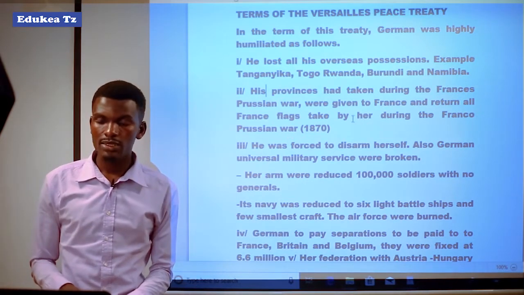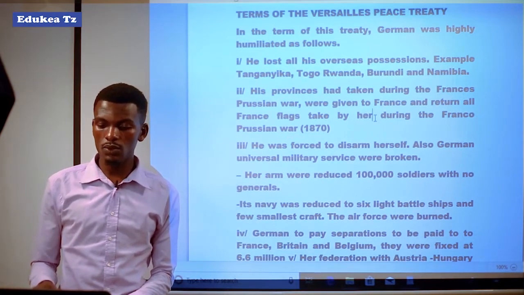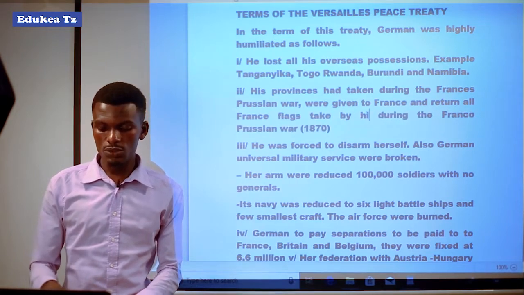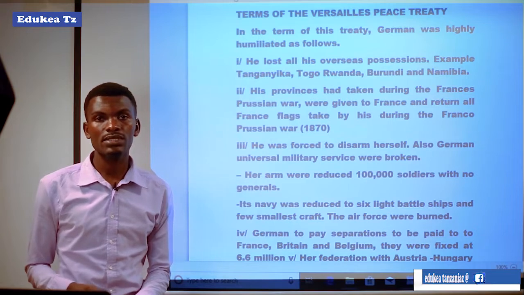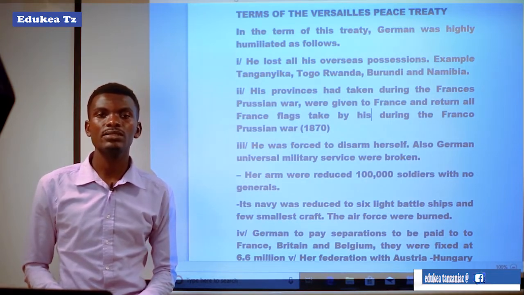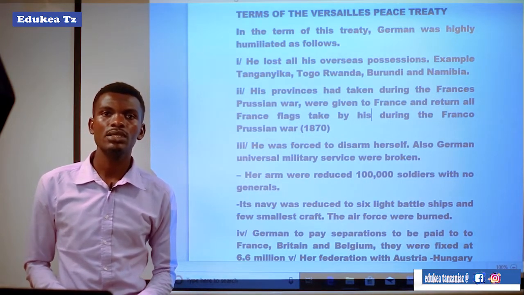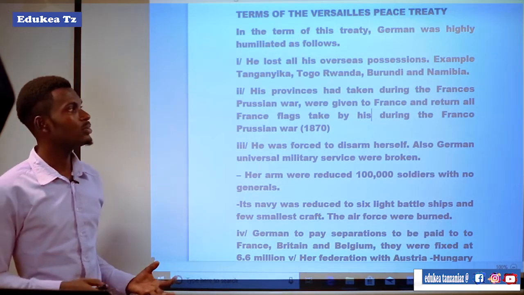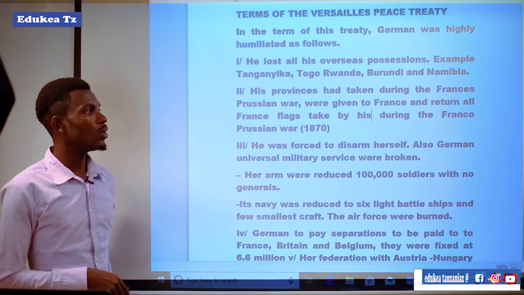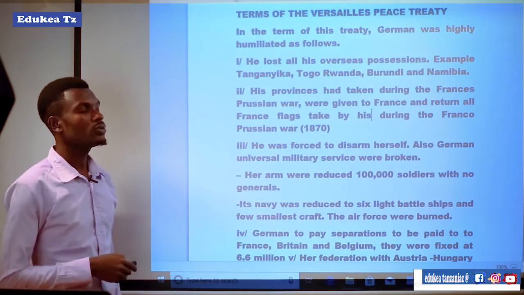It means that the provinces taken during the Franco-Prussian War, which took place from 1870 to 1871, namely Alsace and Lorraine, were returned to France.